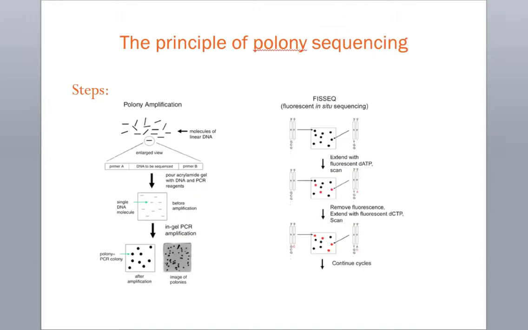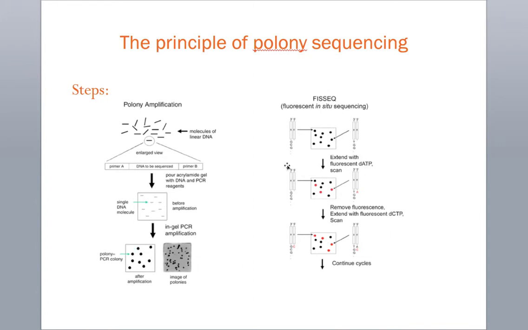Okay, so here's how it looks. You have your fragment. You put your fragment on a solid surface. That could be a slide, that could be a bead. After, you use a special PCR method to amplify and make millions of copies of each fragment.